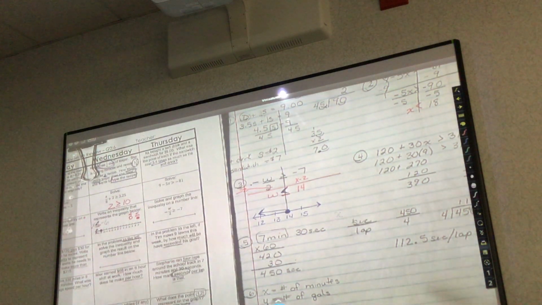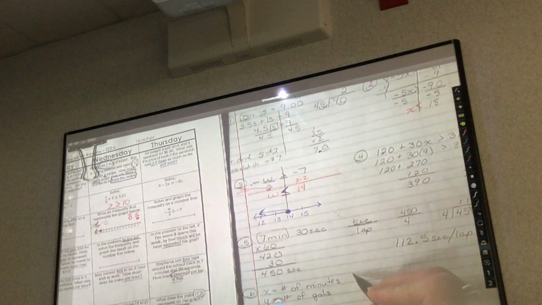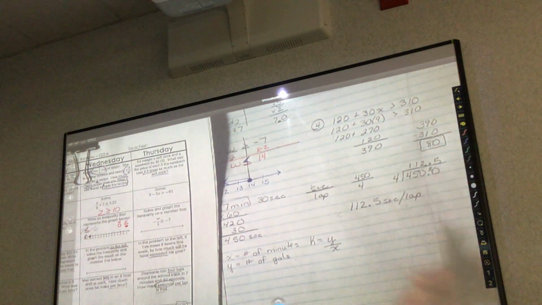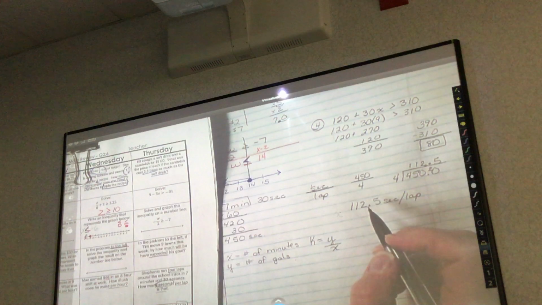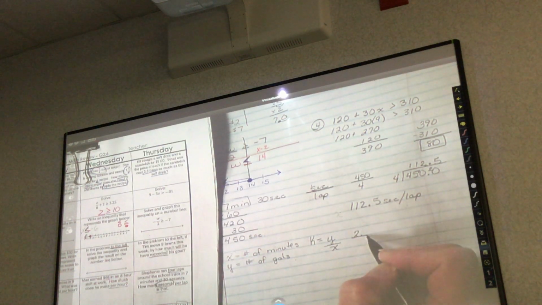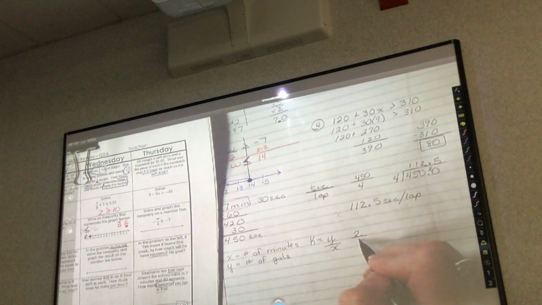Okay? Then we know that the constant is always going to equal y over x. I want you to rewrite that so you get used to writing that. Then we said 1, 2. So the 2 is my y. My x is my 1.